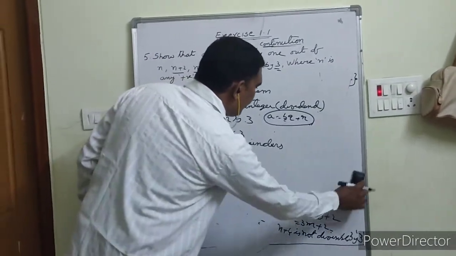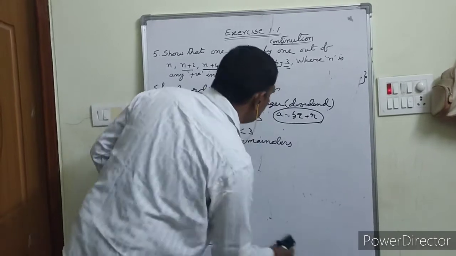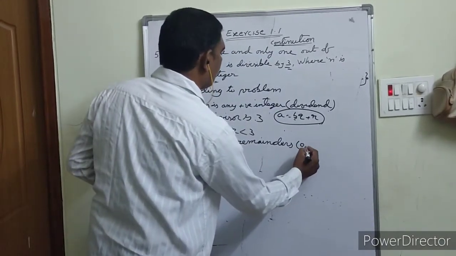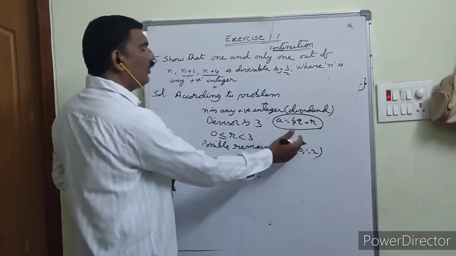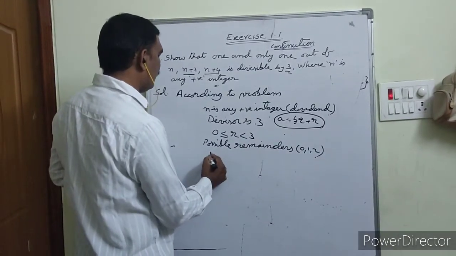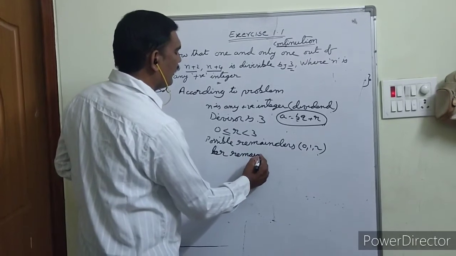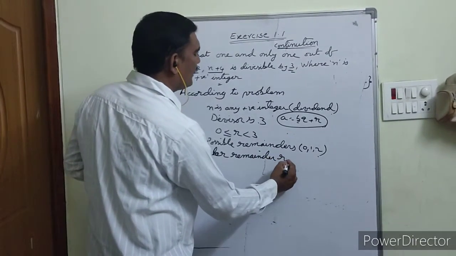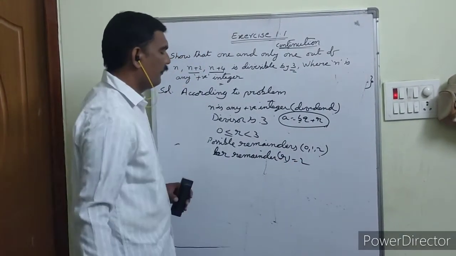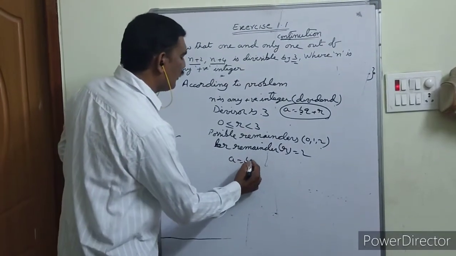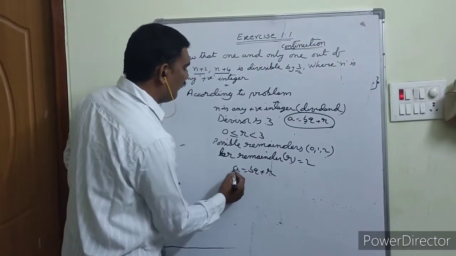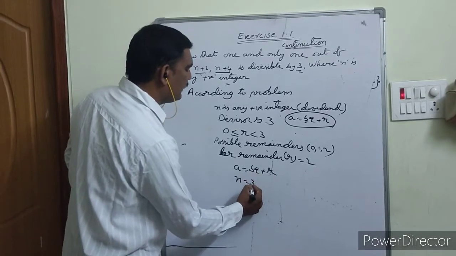What is case 3? Remainders 0 and 1 I took already. Now I have to take let remainder r be equal to 2. Where I have to substitute in a equals bq plus r. What is a? n. What is b? 3.